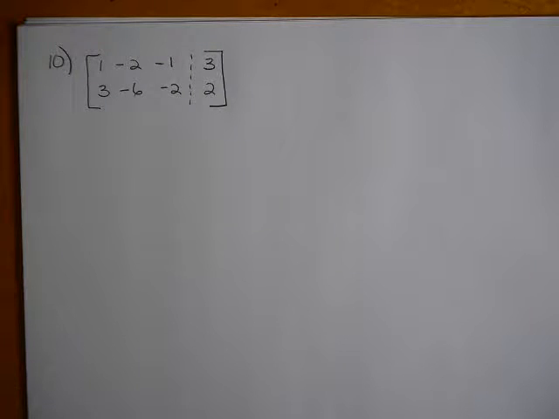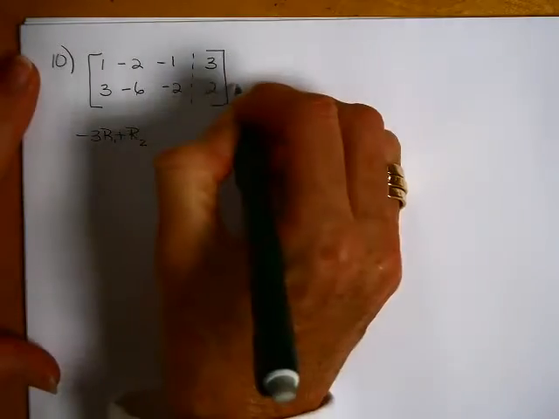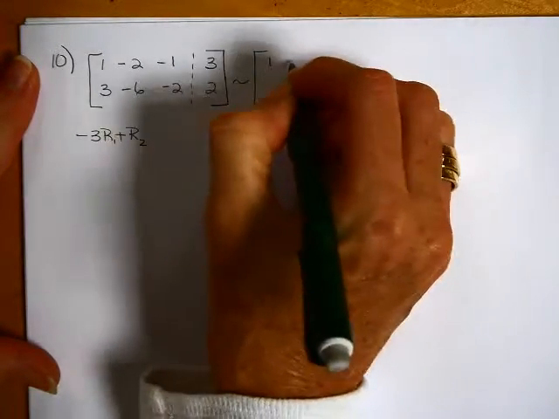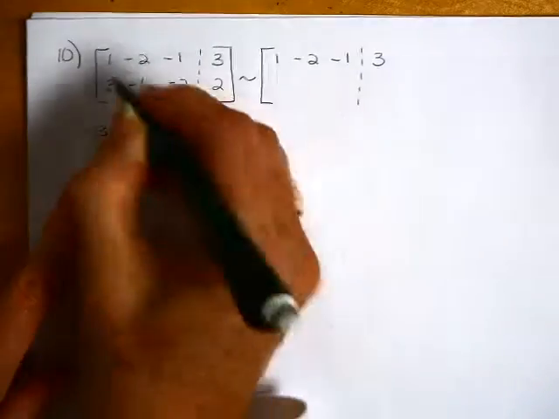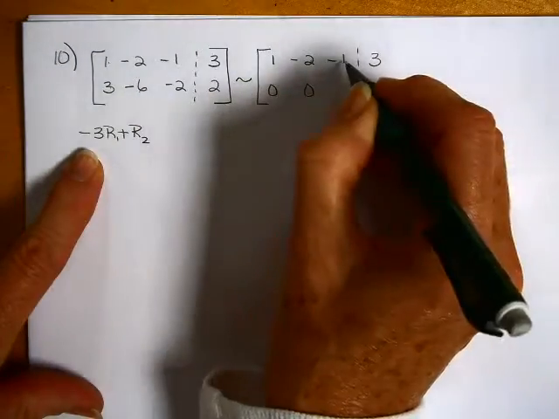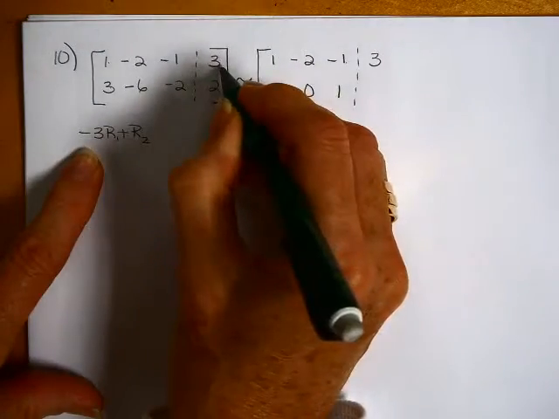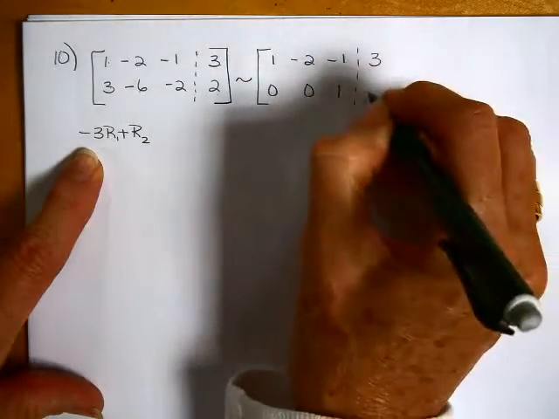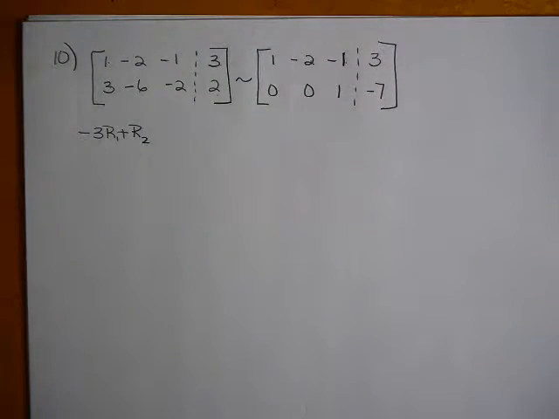All right, so to solve the system, I want to do what? Take -3 times row 1 and add it to row 2, which does not change row 1. -3 and 3 is 0. 6 minus 6 is 0. 3 minus 2 is 1. -9 and 2 is -7.